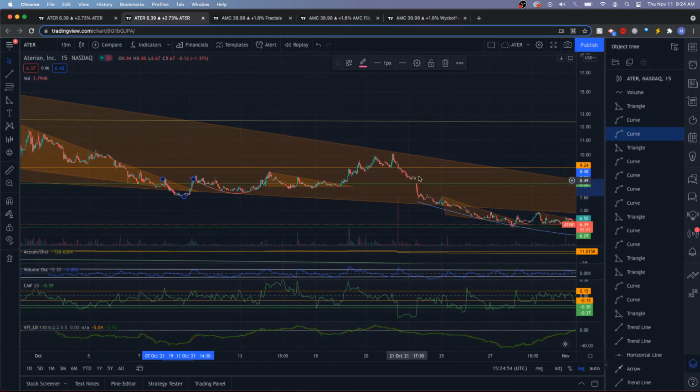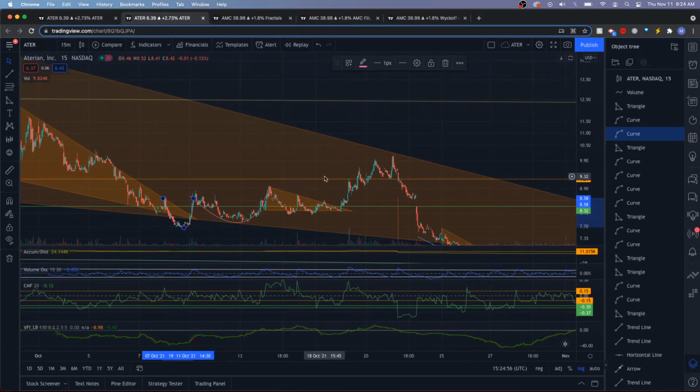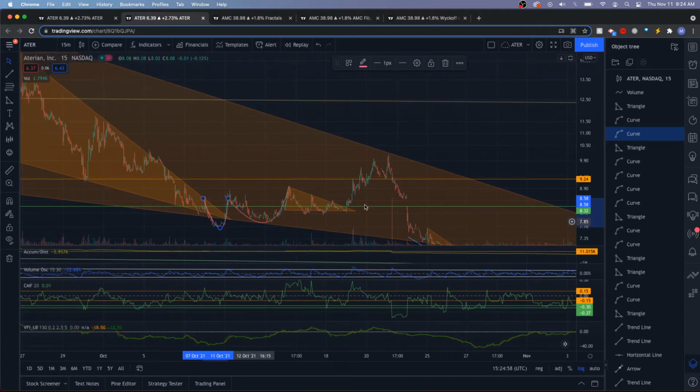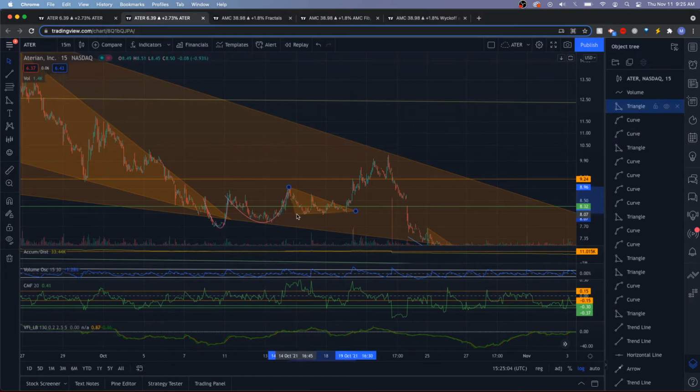It did not break the way the others did, because look at the trend. Maybe you could draw it more like this: it pretty much broke up like a normal pennant would in a bull run. We're running up, here you have a little bit of consolidation, and then we keep continuing up.